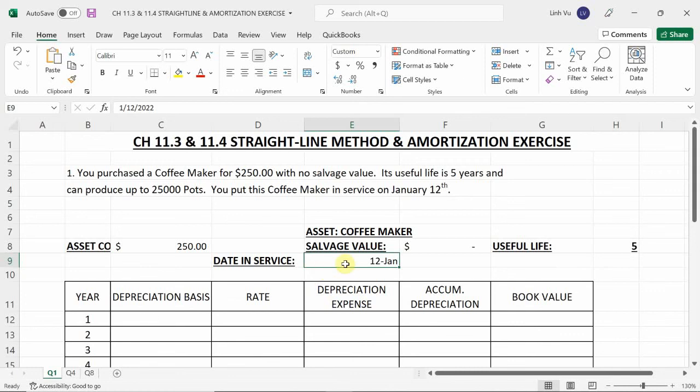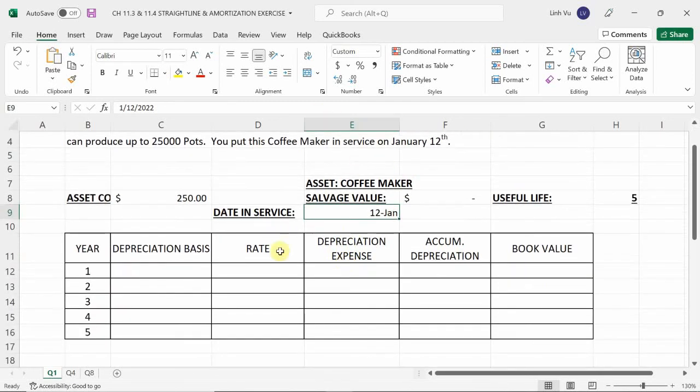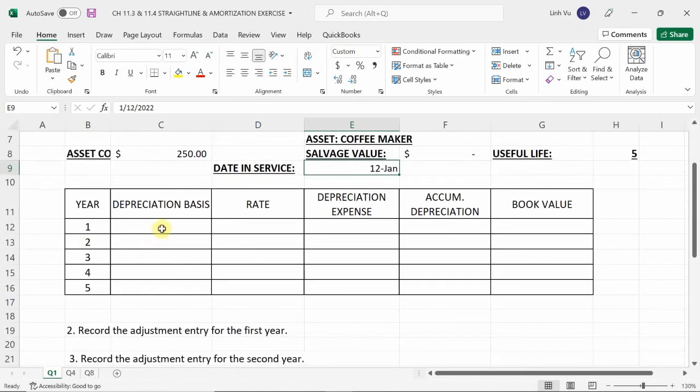Are you going to depreciate starting January, or are you going to depreciate the following month? Starting January, because it's the 12th, which is 50% of the month. So in this case, you are going to be depreciating starting January.